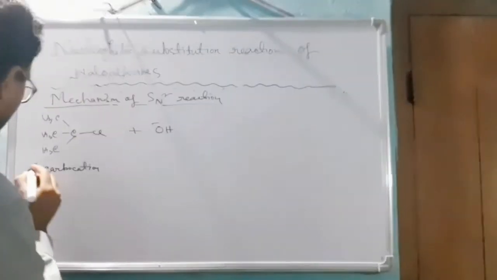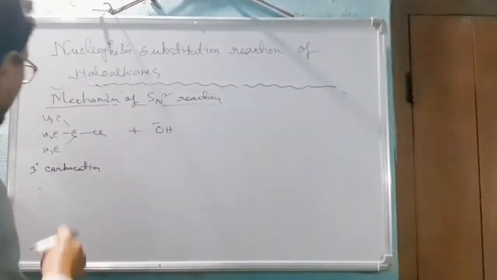Because it is a 3-degree carbocation, due to the three bulky groups the OH negative faces a problem entering from this side. Here 3-degree carbocation is less stable and 1-degree carbocation is most stable.